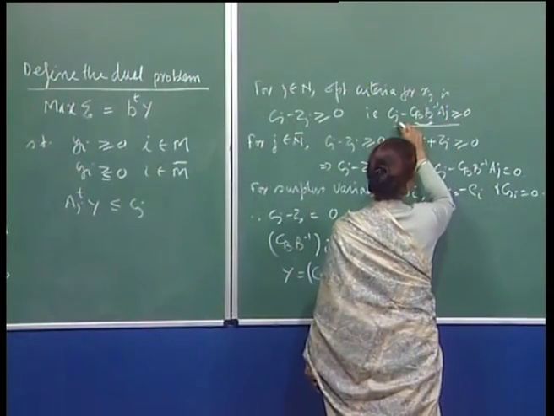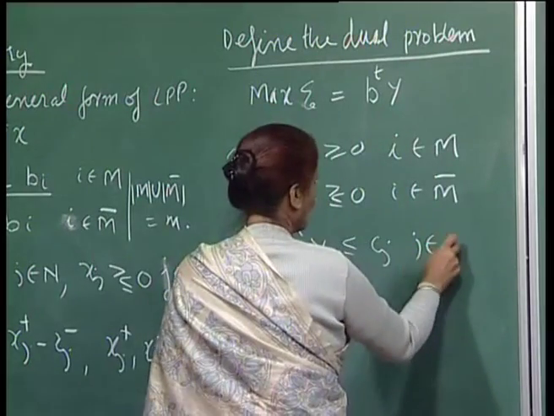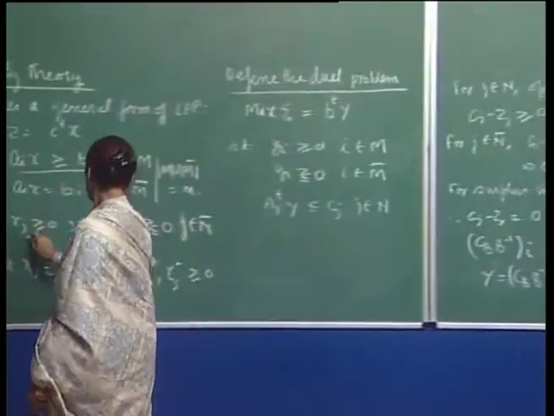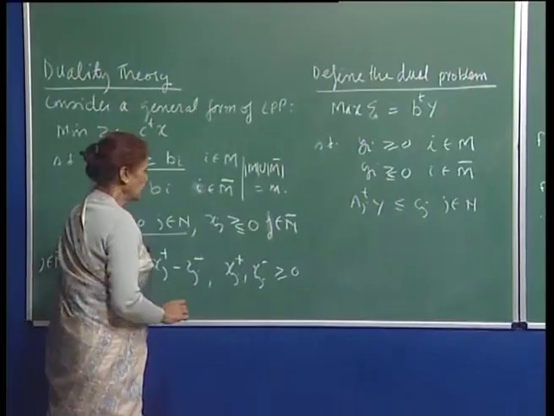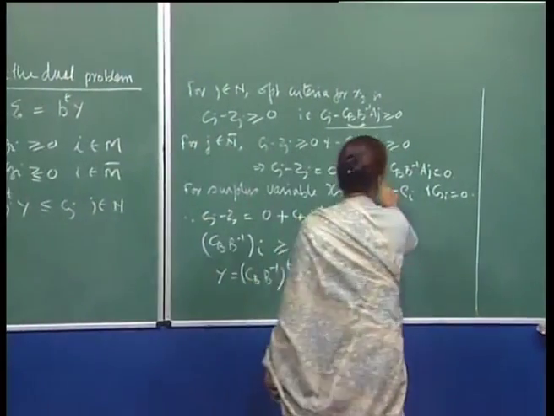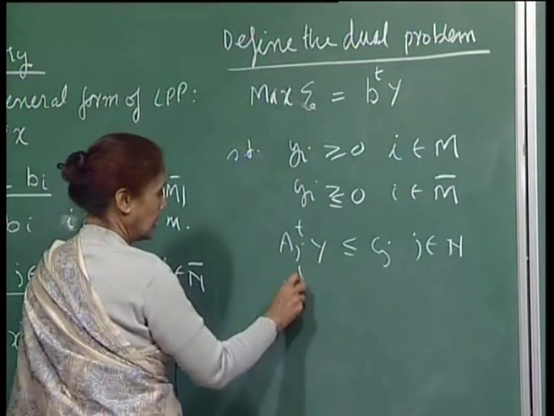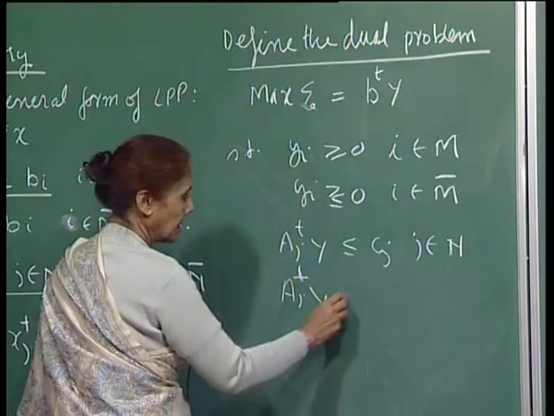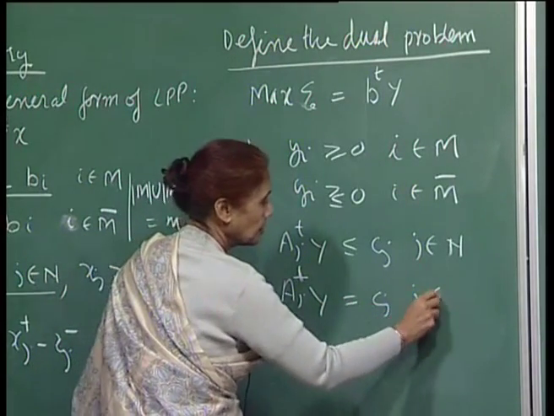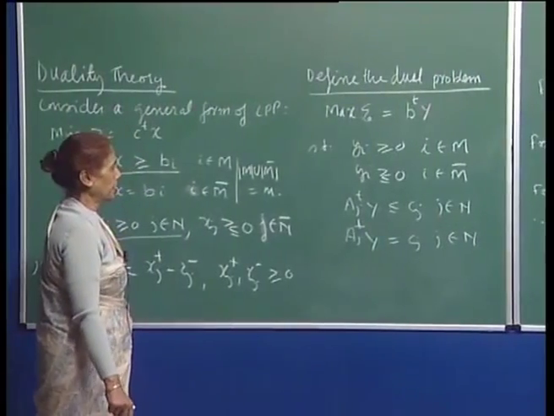This quantity is less than or equal to c_j, that is your constraint, for j belonging to N. So that corresponds to this. And when xj is unrestricted, we get this condition, that A_j transpose y is equal to c_j for j belonging to N bar. So this is your dual problem.